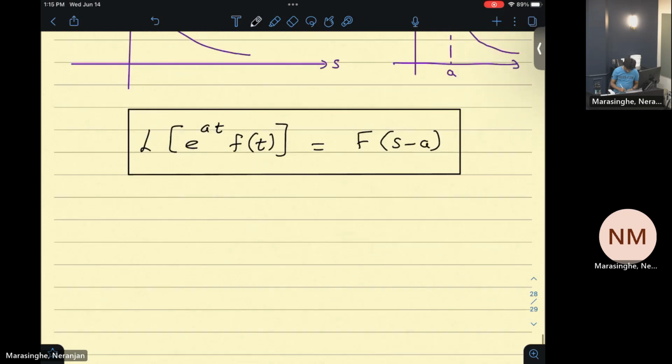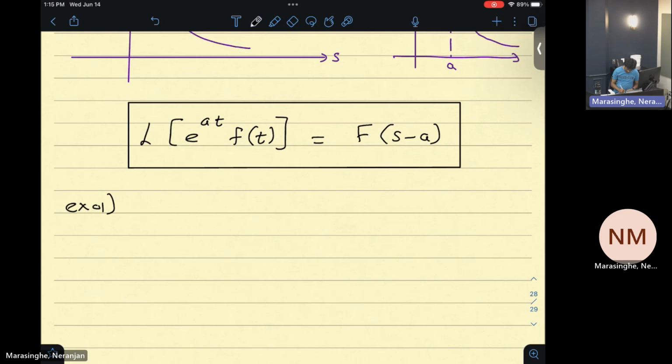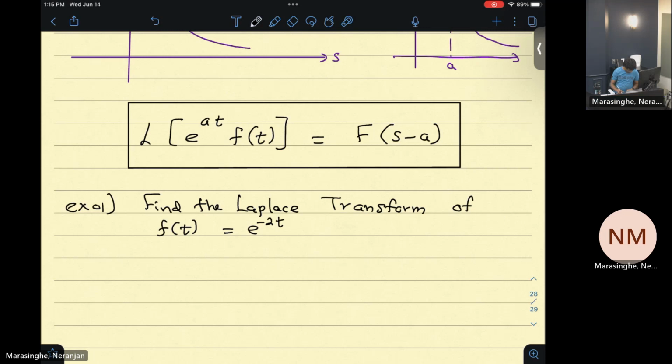Example number 1: Find the Laplace transform of f(t) equals e to the minus 2t cosine 3t.